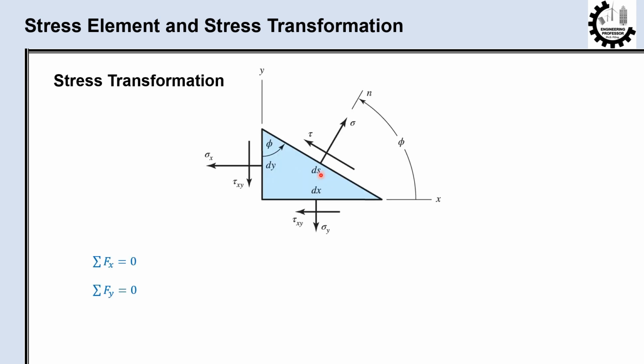To find sigma and tau on this diagonal plane, we need to balance the forces caused by all the stress components acting on the stress element. We do this in x and y directions. In x direction, the first term is sigma x in negative direction, multiplied by the surface area it is acting on, which is dy dz. Similarly, we write the other force components.